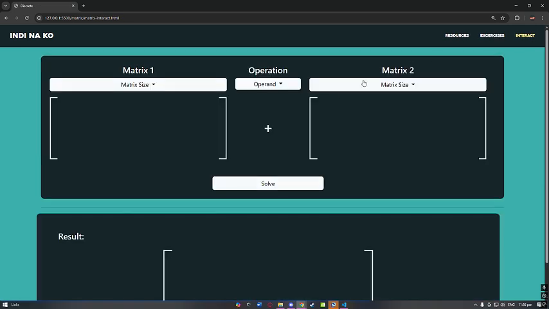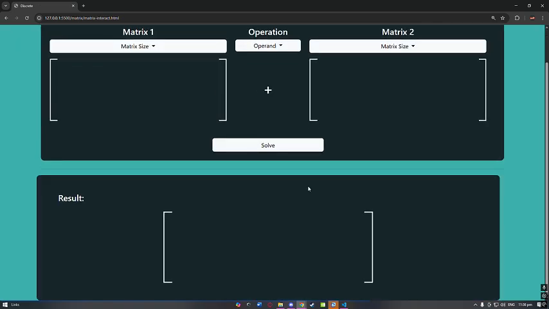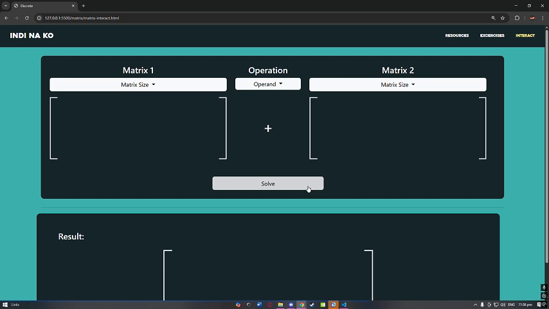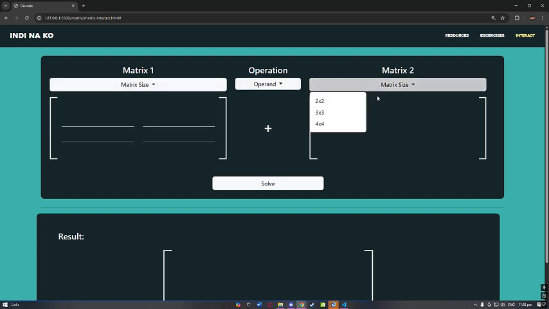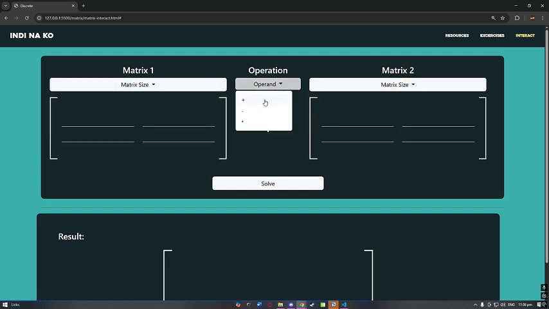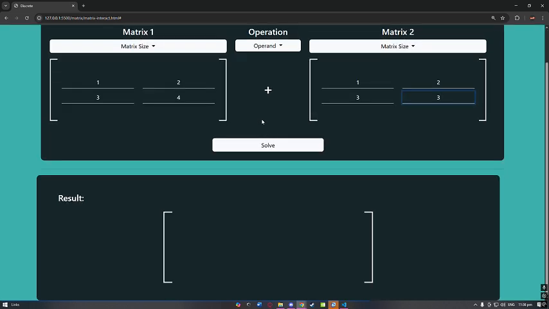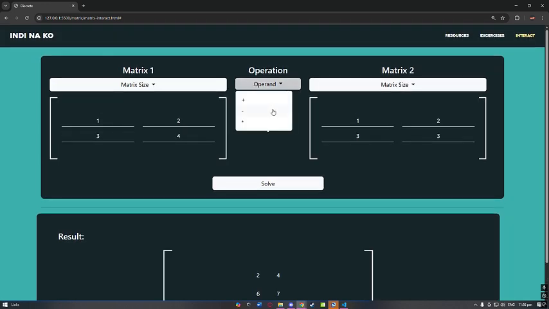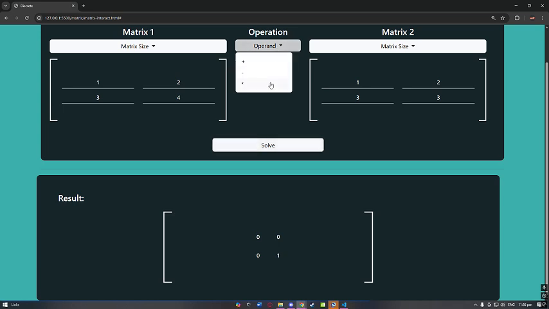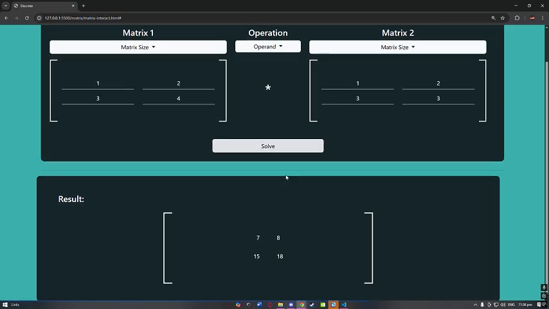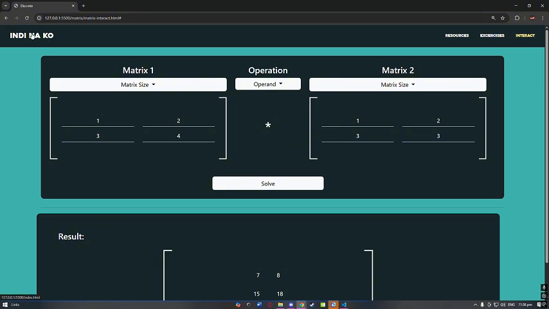And the interact page will be an interaction page where you can choose two matrices, select an operation, and then input any number, and it will solve that specific problem. For example, you can also use other operations, and it will work like so. So that's it for our matrices page.